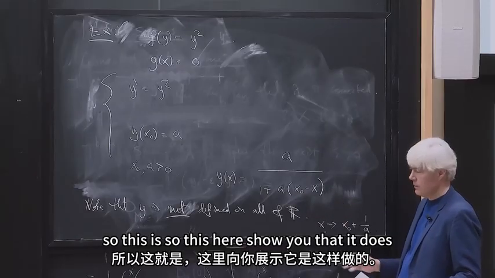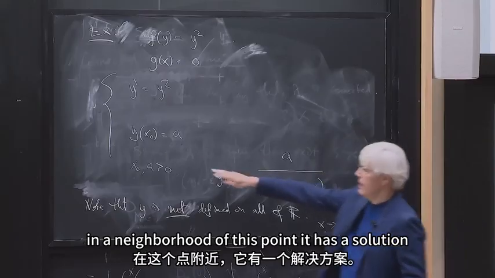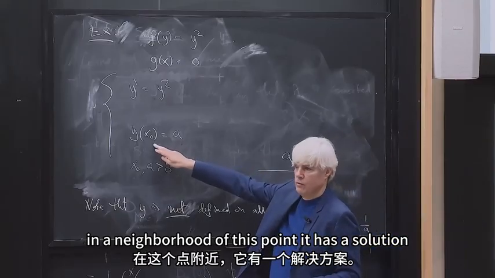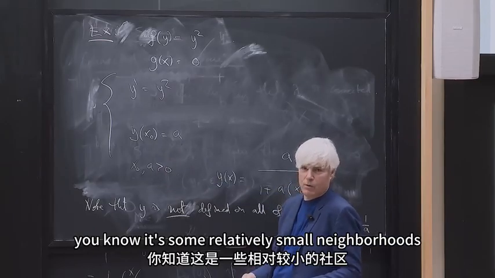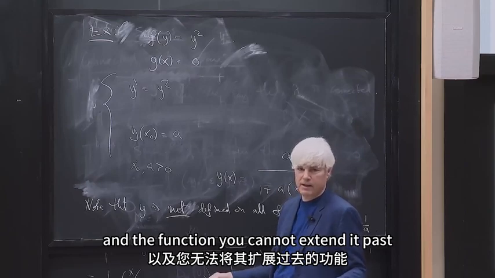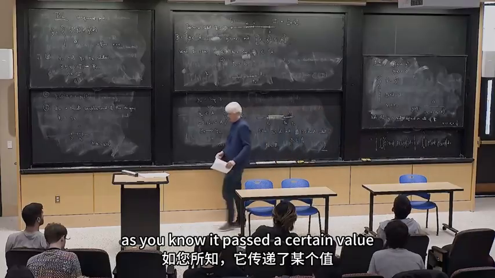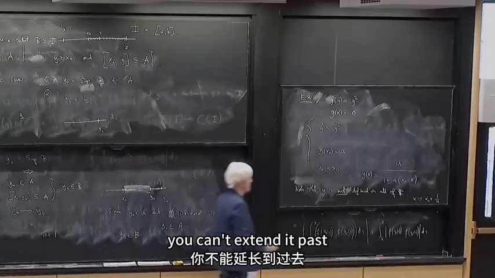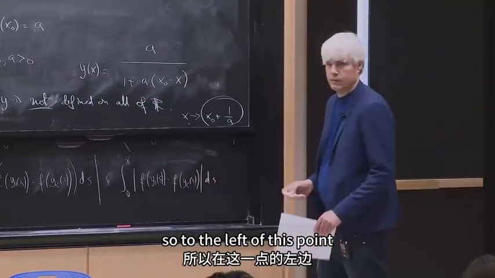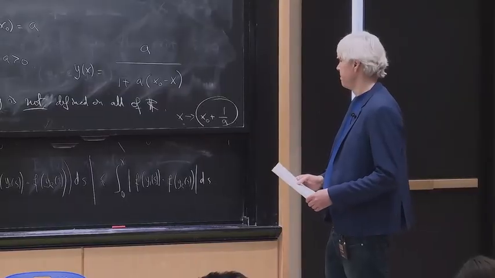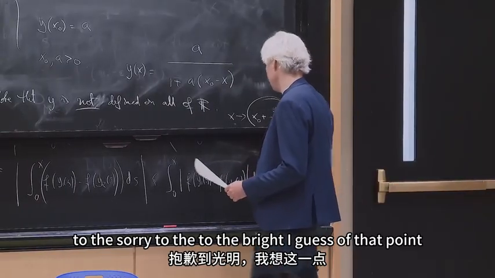Right? So this shows you that in a neighborhood of this point it has a solution, but that neighborhood is some relatively small neighborhood, and you cannot extend it past a certain value. In this case you can't extend it past this point here, so to the left of this point. To the right, I guess, of that point.